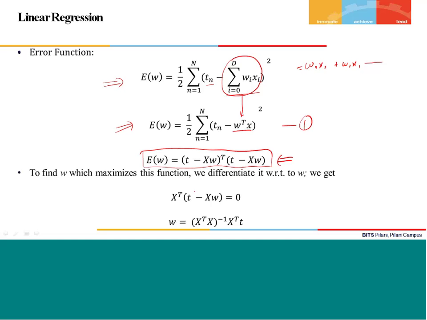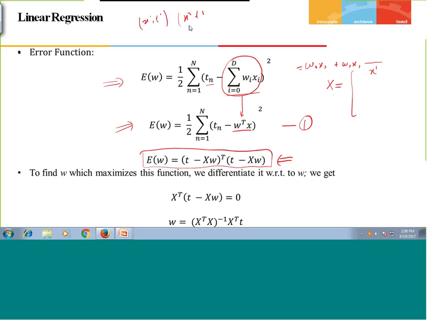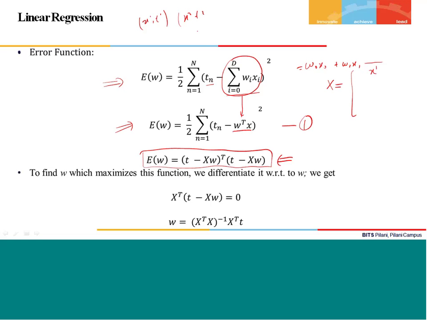If I see this, this x is a matrix, and it is having my first vector x1. I told you that in my data set there are n samples: x1 t1, x2 t2, likewise xn tn.